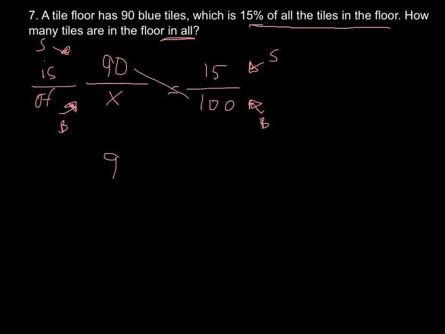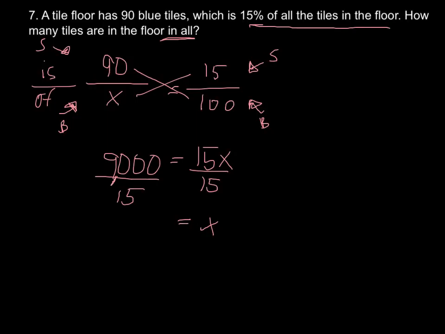90 times 100, or 9,000, equals 15x. Okay, now we can divide by 15, divide by 15, and we would get x equals 9,000 divided by 15.